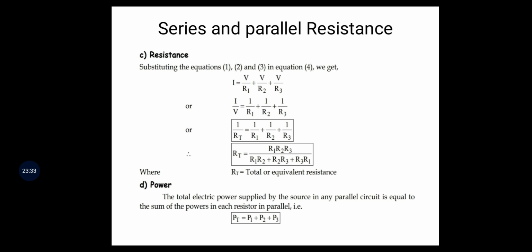Taking the common term V, I by V equals 1 by R1 plus 1 by R2 plus 1 by R3.